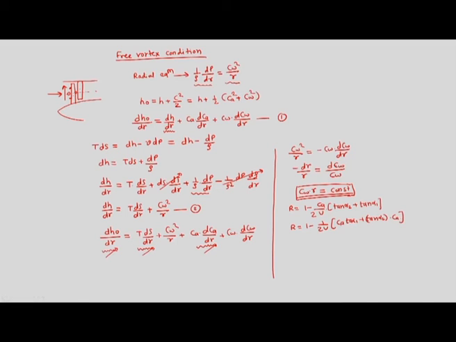If we see the velocity triangle, Ca tan alpha 1 would be Cw1. So R is equal to 1 minus 1 upon 2u into (Cw1 plus Cw2).